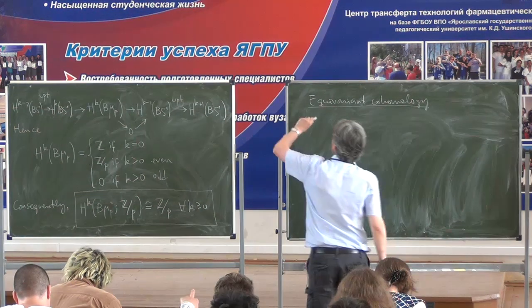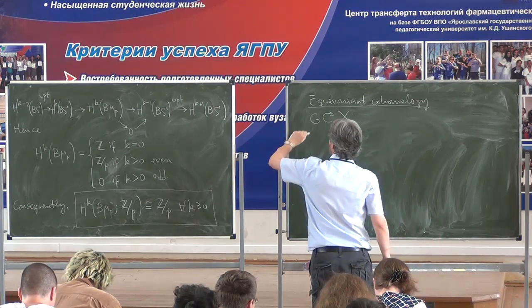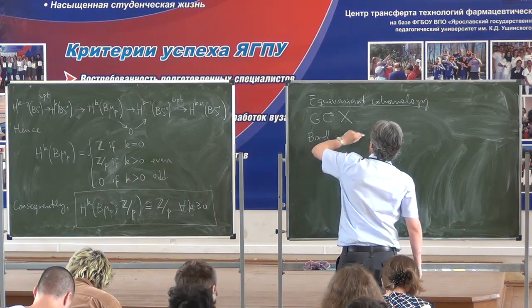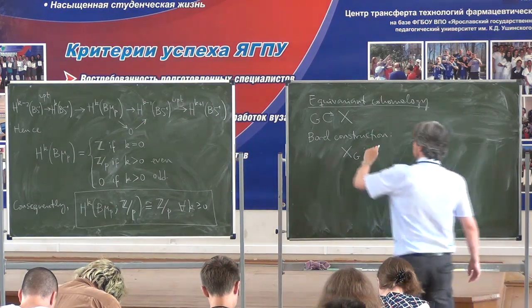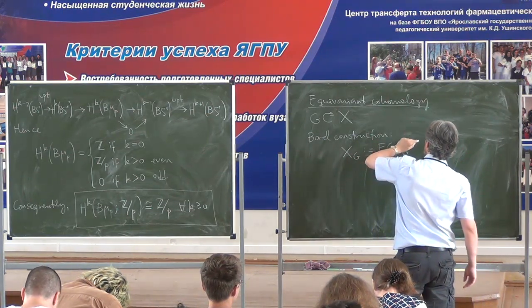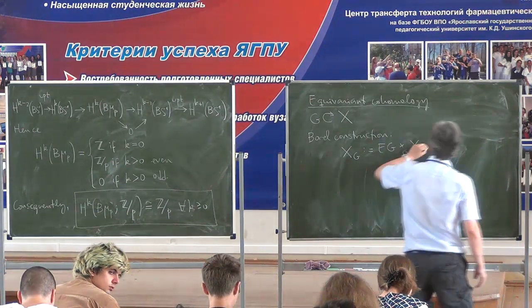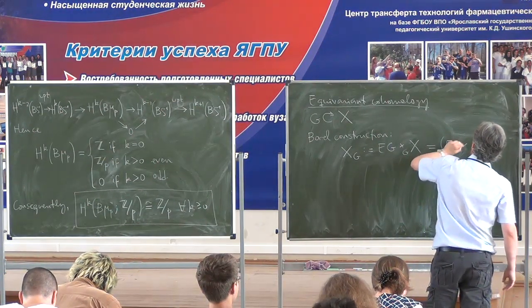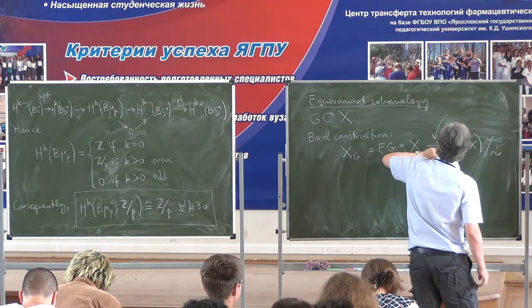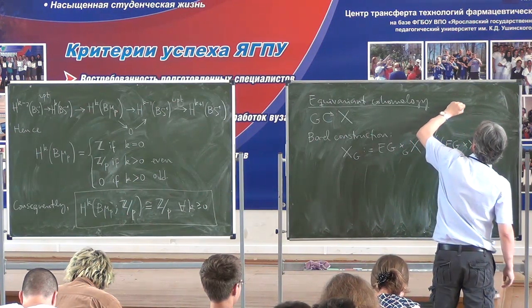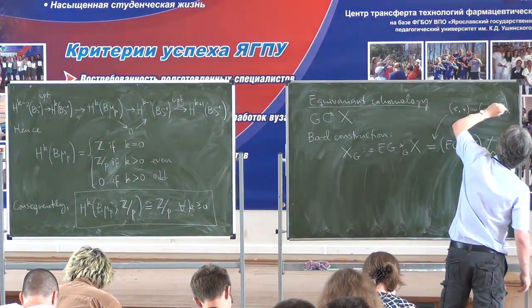Now we assume that G is a Lie group acting on a topological space X. The Borel construction is defined as the bundle associated to the universal bundle of G with fiber X. So this means the product of EG and X quotient by an equivalence relation that identifies (e, x) with (e·g, g^-1 x).